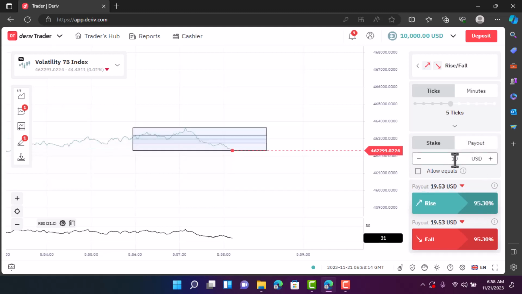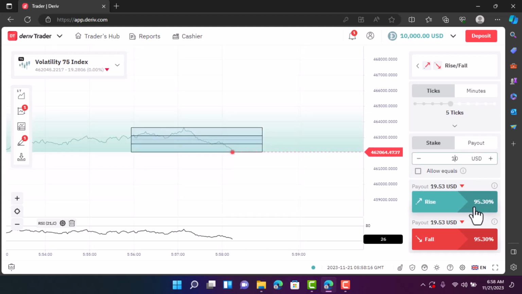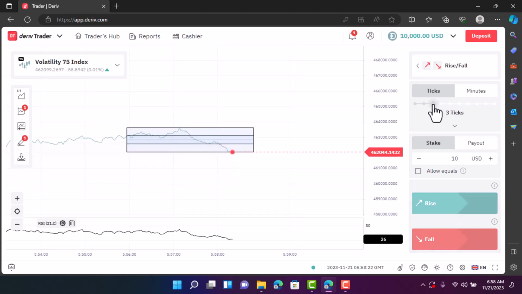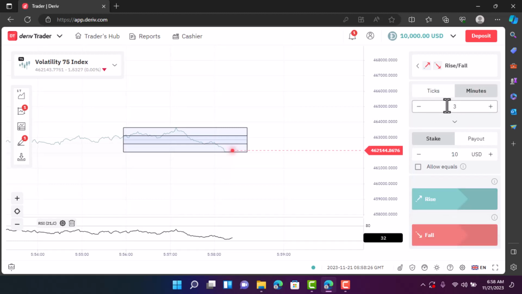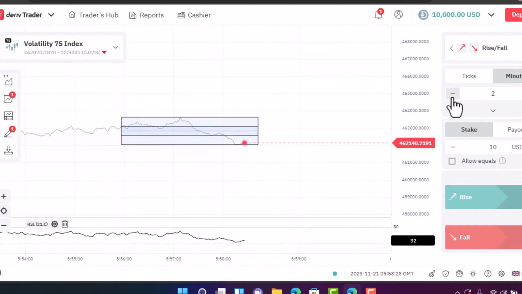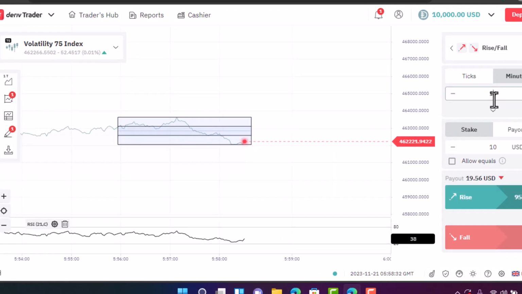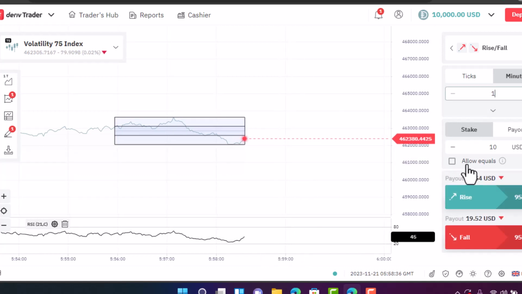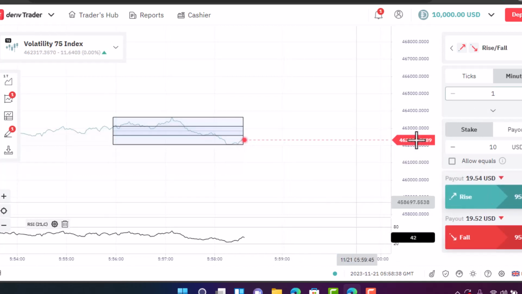So if you stake $10 like we have here by default, and we say up, and it actually goes up in 5 ticks, the duration, which we can change to 3 or 10, or take it to minutes, from 3 minutes, 2 minutes, 1 minute, all the way to 50 minutes, 1 hour, whatever you want to do. Okay, let's leave it at 1 minute.